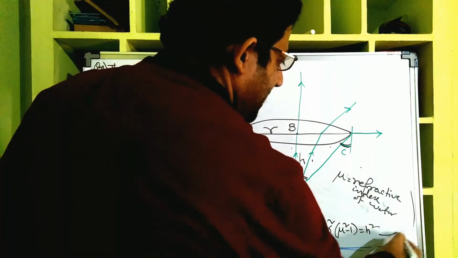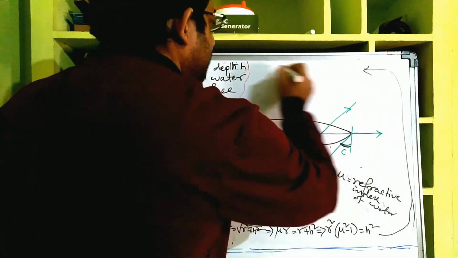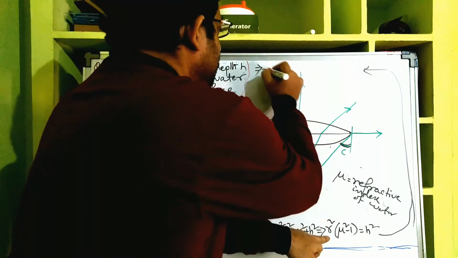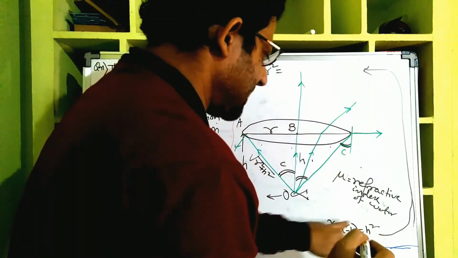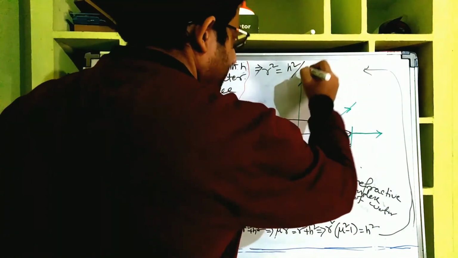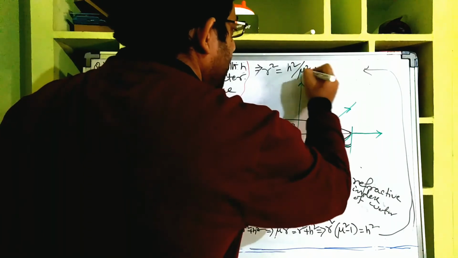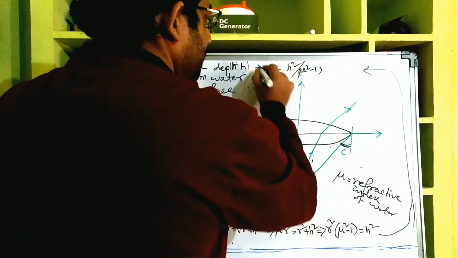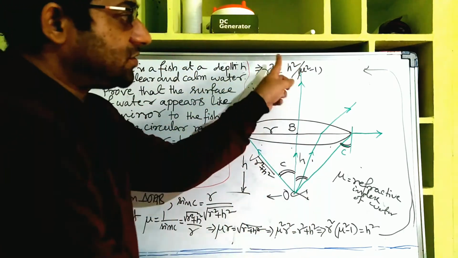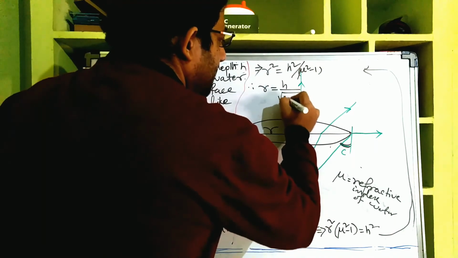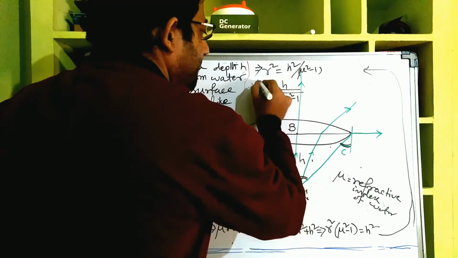So from here, R square is equal to H square divided by mu square minus 1. Now take root both sides, therefore R is equal to root under left hand side is equal to root under right hand side, H divided by root under mu square minus 1.